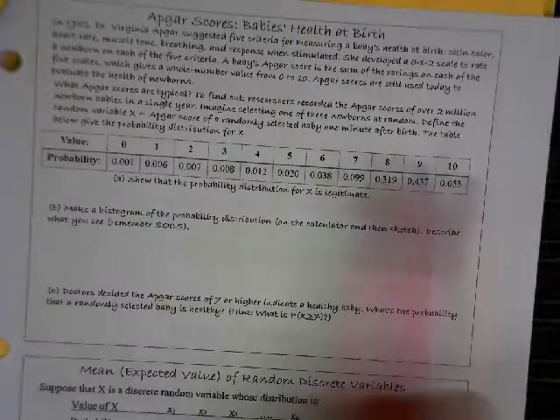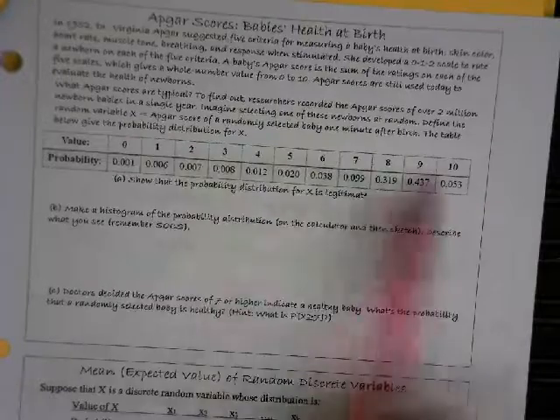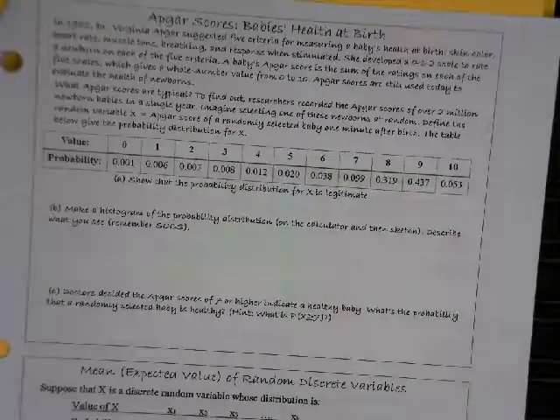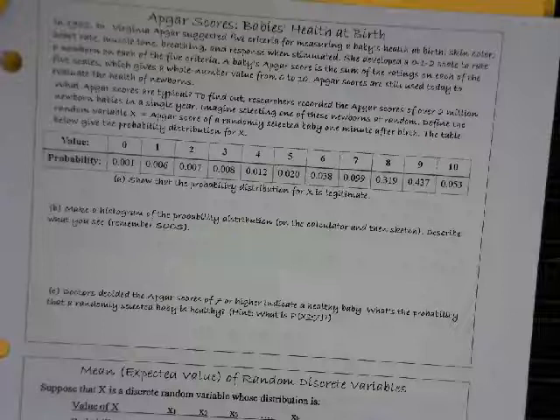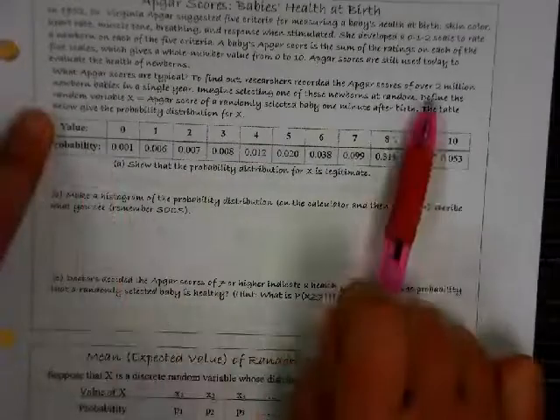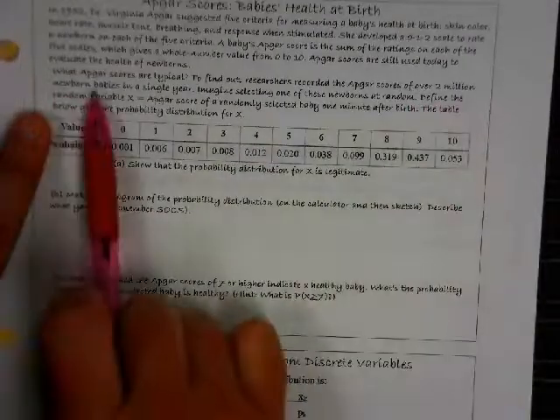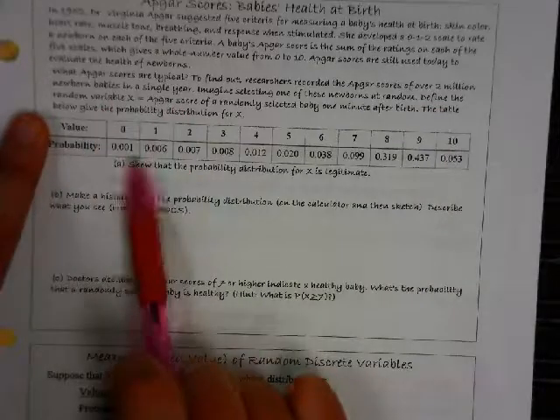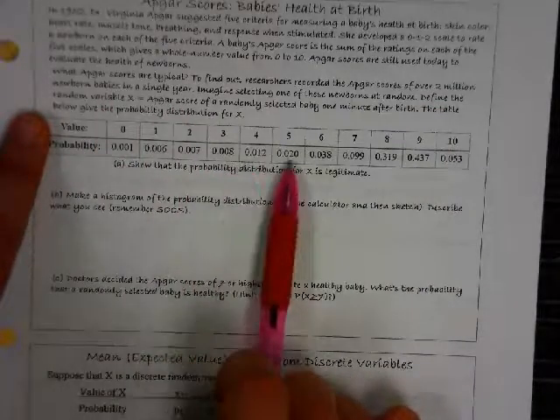This is discrete because they only use 0, 1, or 2. They don't use decimals, so we have gaps. They looked at over 2 million newborns in a single year, and they found the probability, out of those 2 million babies, of where they fell on the scale between 0 and 10.